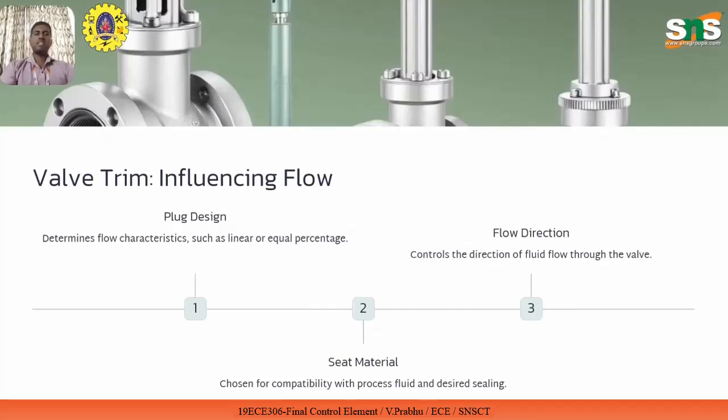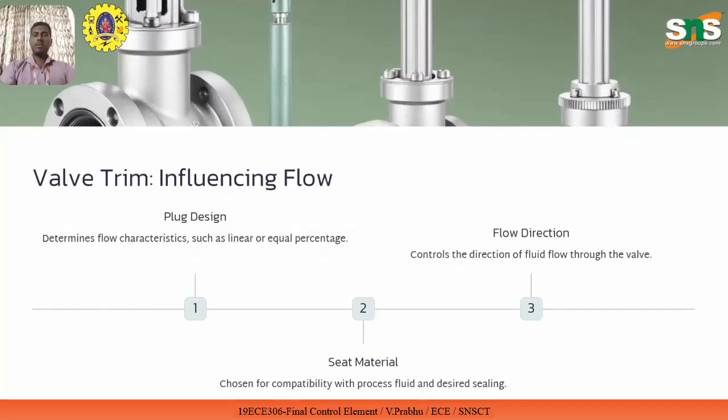If it is a 10% opening, then there will be a 10% increase in flow rate. So this is called linear flow characteristics. If you plot the valve movement versus the actual output flow, the graph will be a straight line. Right? So this is the linear characteristics.